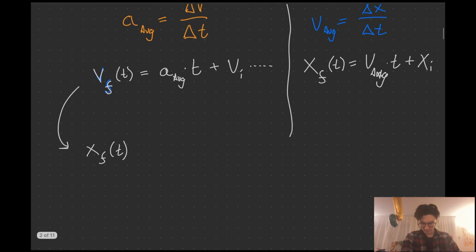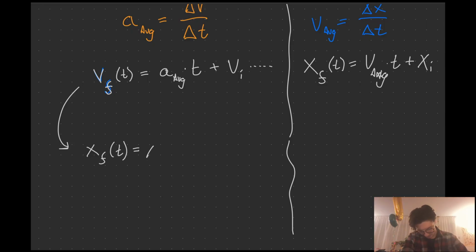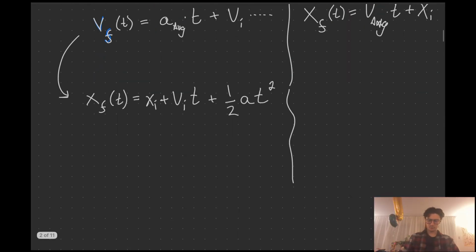Okay, I actually split it up here. I think it's going to be valuable. We have initial position plus the constant velocity portion of this plus 1/2 a t squared. This is an important equation.